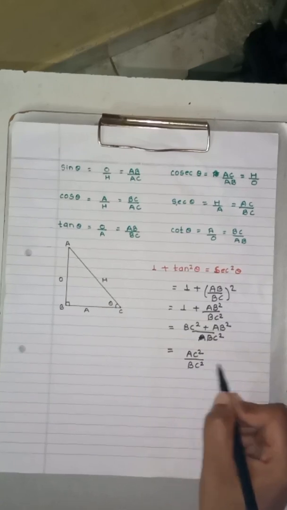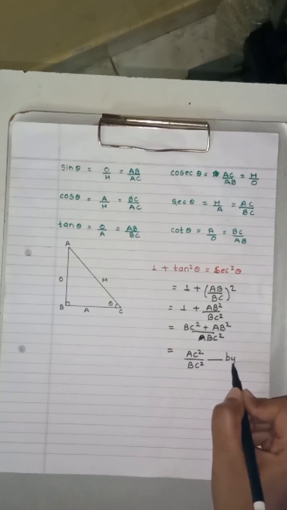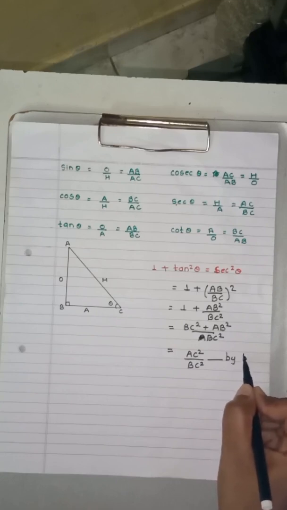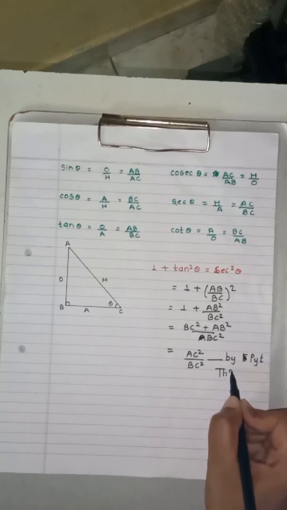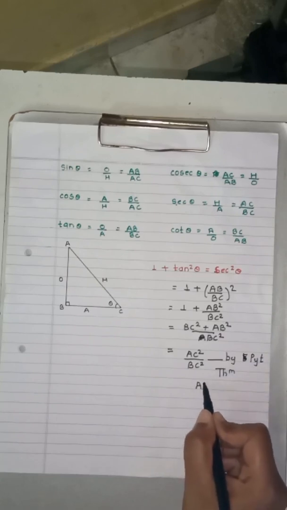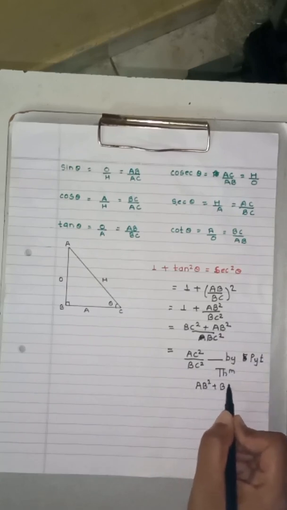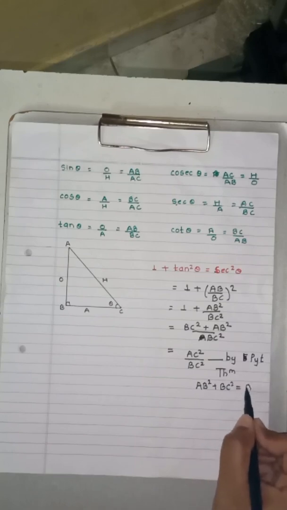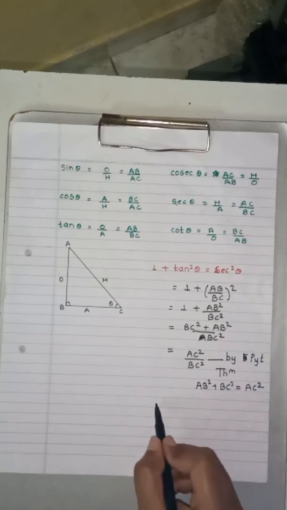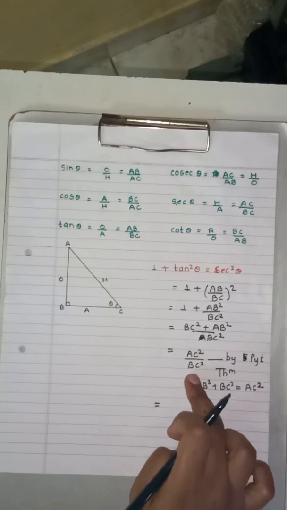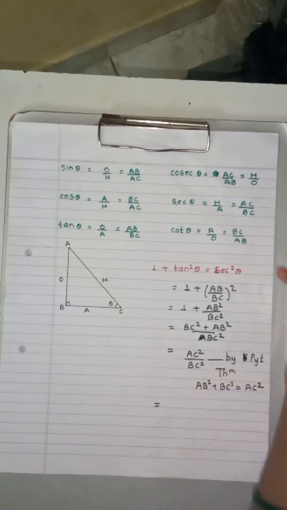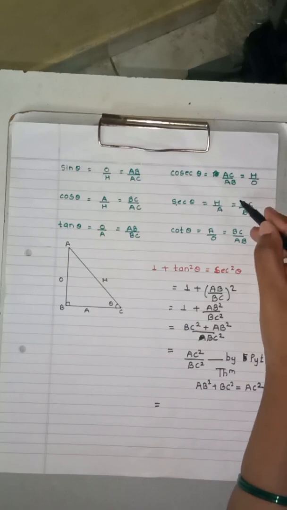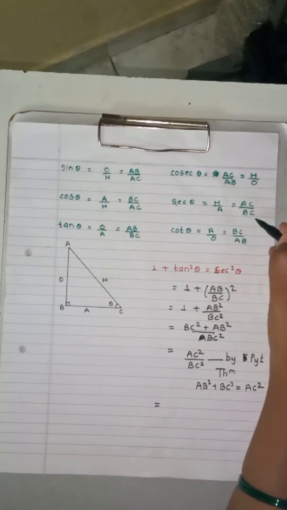And you can write down the reason over here, that by Pythagoras theorem, that AB square plus BC square is equal to AC square. Now if you see AC square upon BC square, you can see here what is sec? AC upon BC.